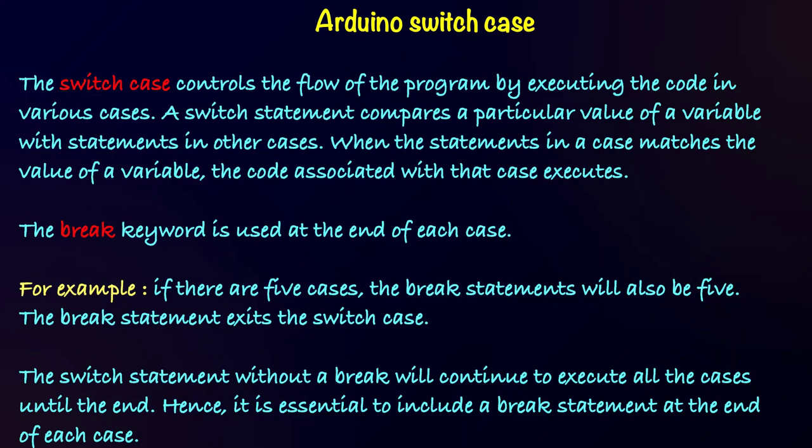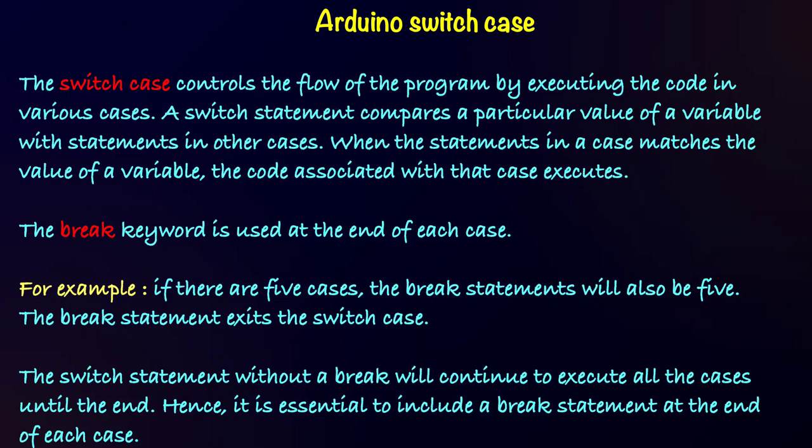You see, the switch case controls the flow of the program by executing the code in various cases. A switch statement compares a particular value of a variable with statements in other cases. Try to understand. I have 10 cases, and let it be that I have one switch.